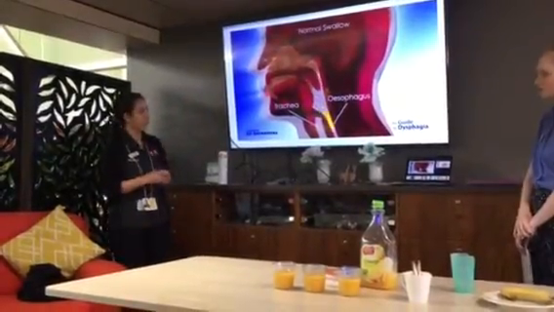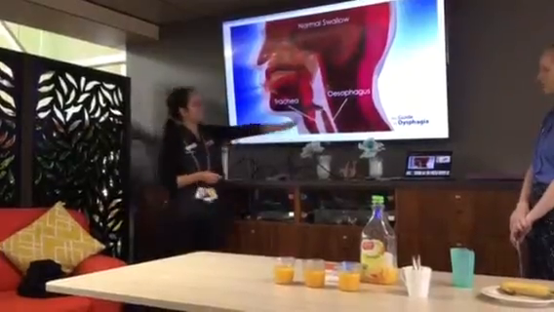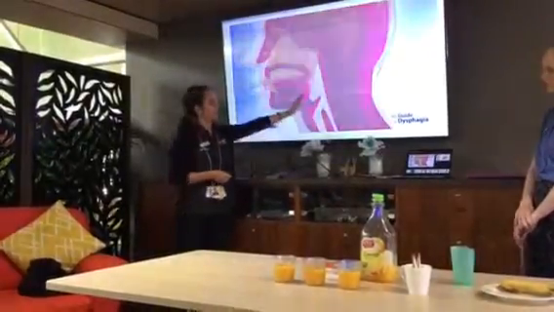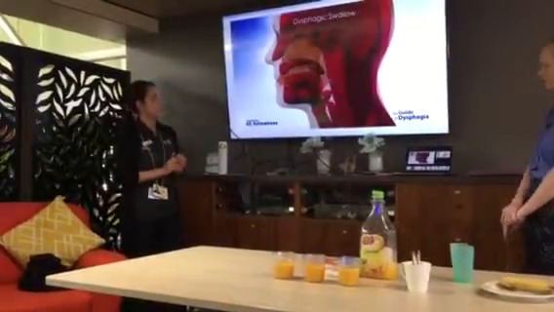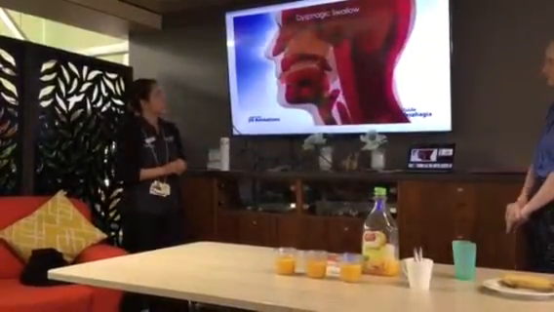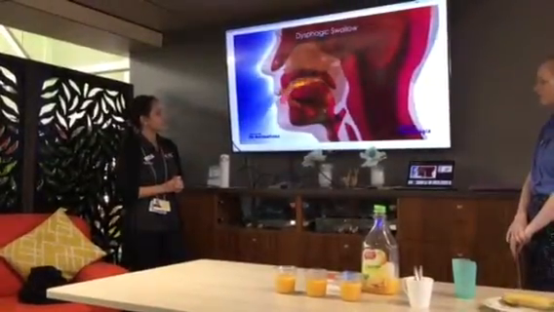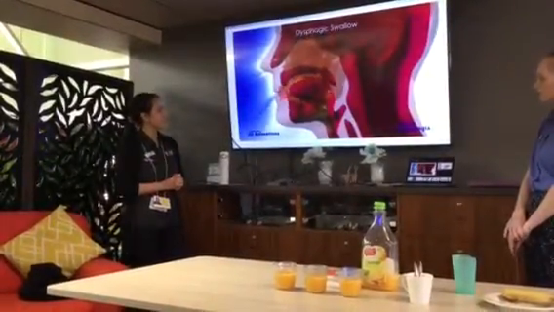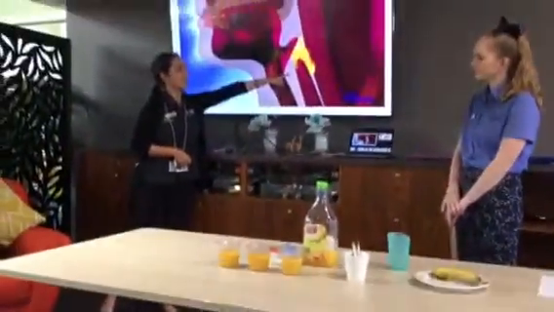This is very slow. And so you can see the trachea here was protected by the epiglottis. None of the food slipped in, so that was a normal swallow. This is a dysphagic swallow. So you can see here that food is penetrating into the airway.